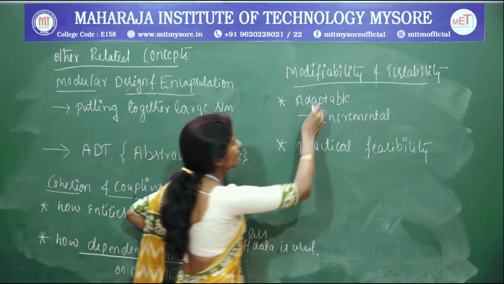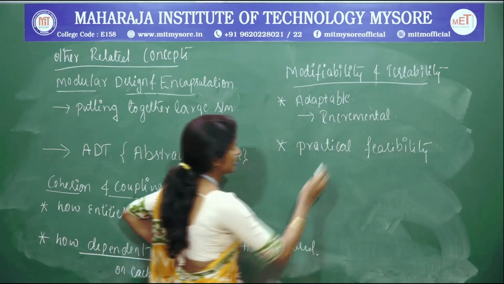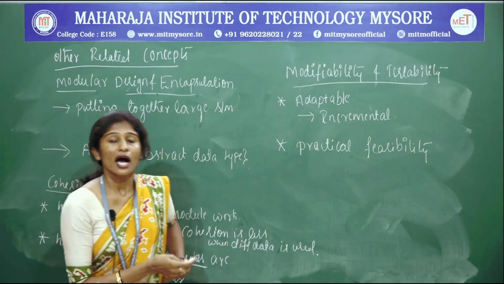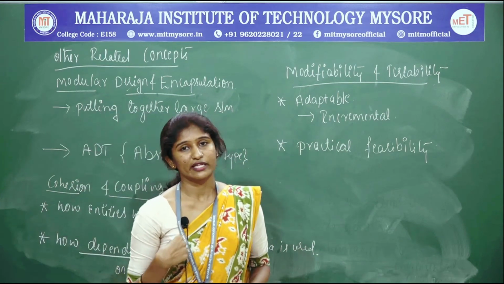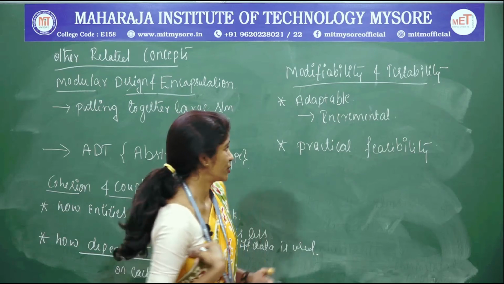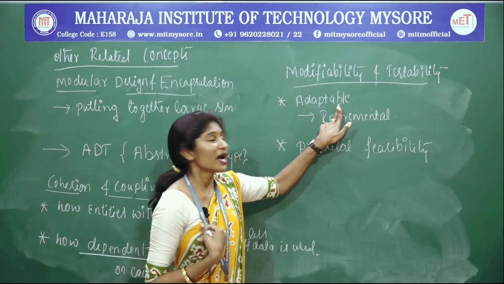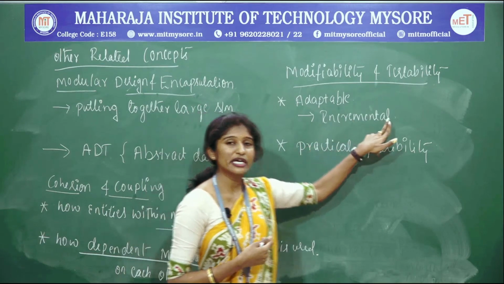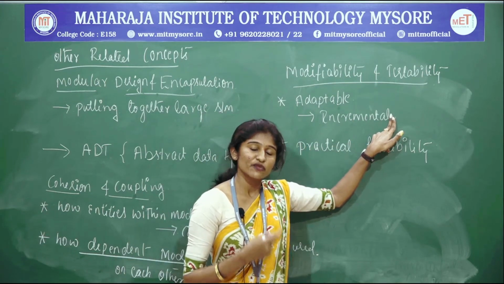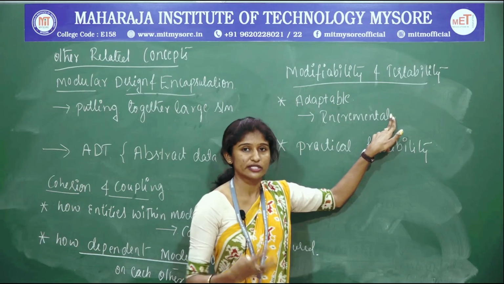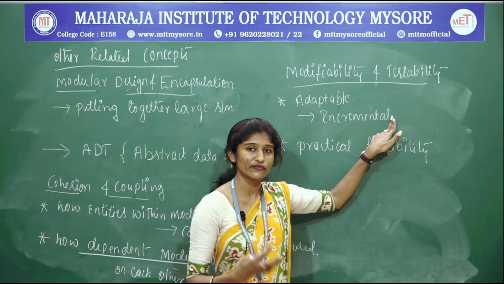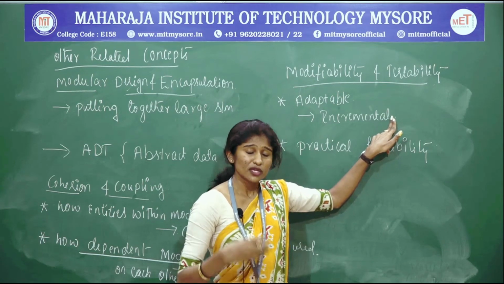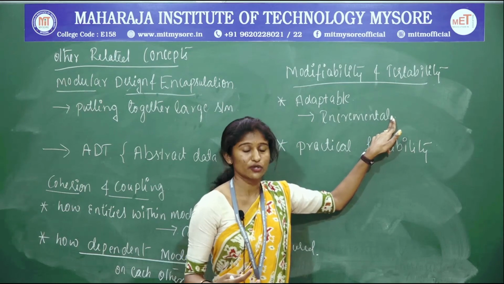And next is modifiability and testability. Modifiability is nothing but how well you can modify your designs or implementation. That is why I have written here adaptable design. Adaptable design means what? It is going to provide you incremental changes. Whenever new versions come, or changes come to a software, you can incorporate them.